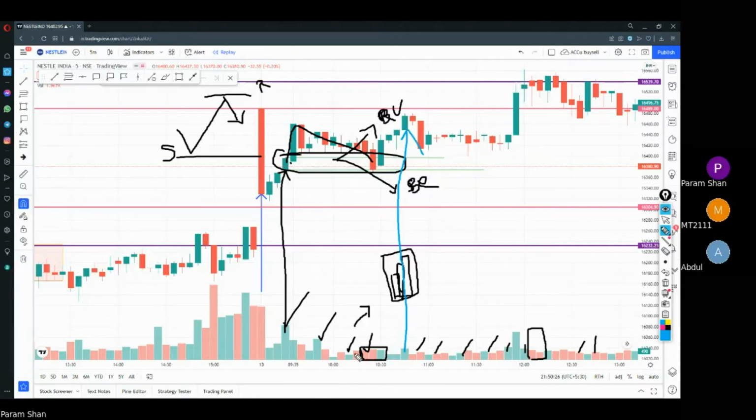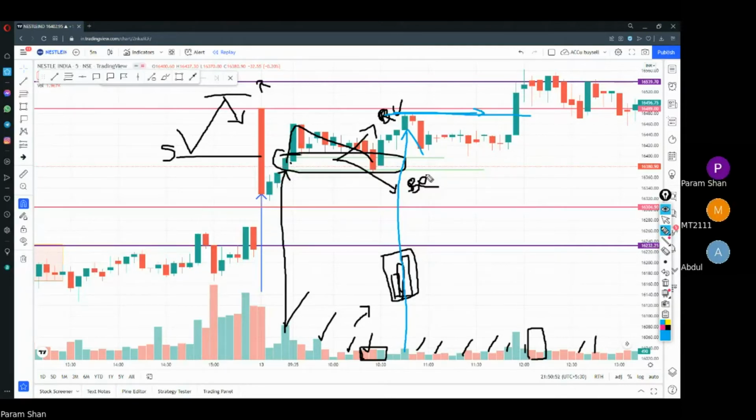Starting from here, this is the next candle where it is showing the strength of buyers with volume. It means that this can act as a resistance level too, meaning when buyers are coming in with more price and volume and the price is breaking this, then this could be a good price for you to enter.